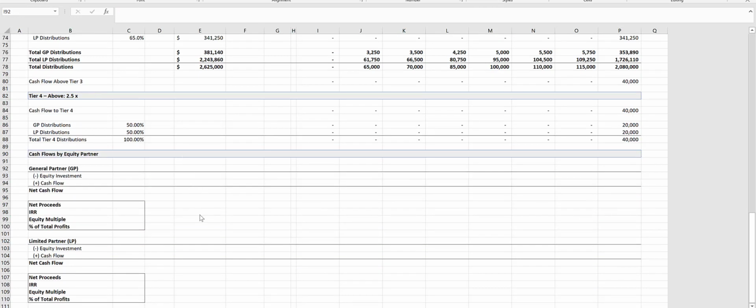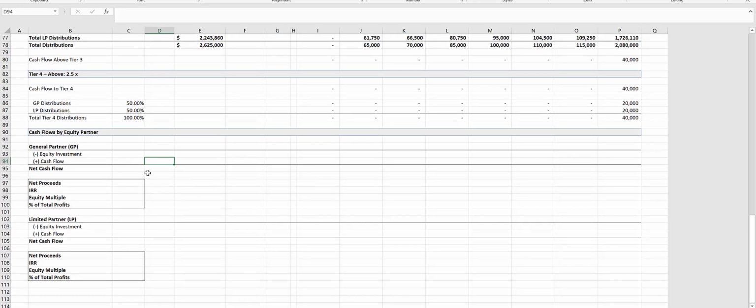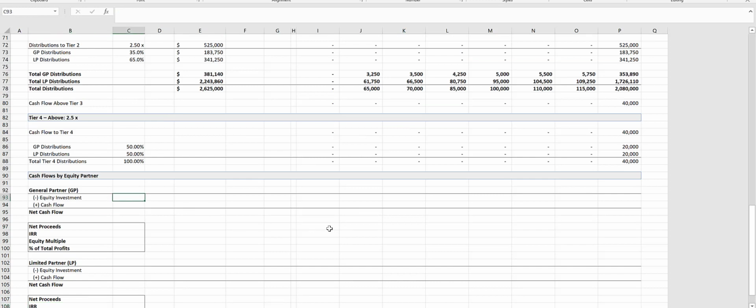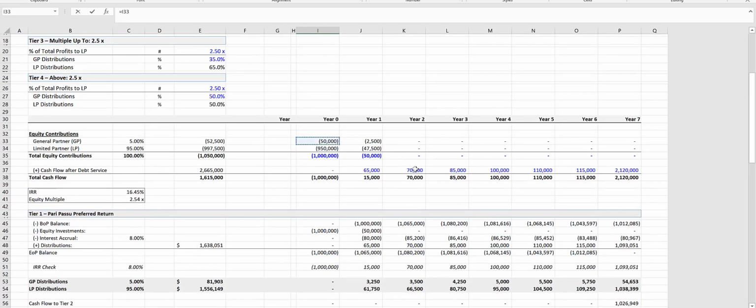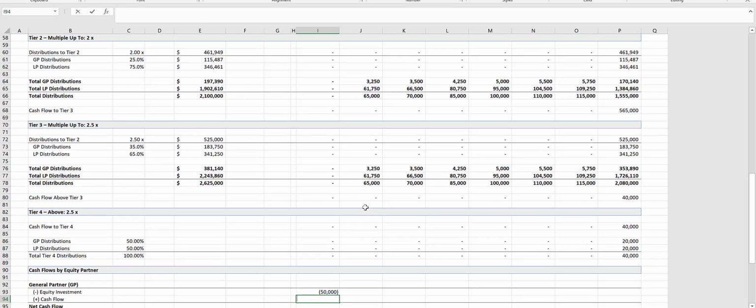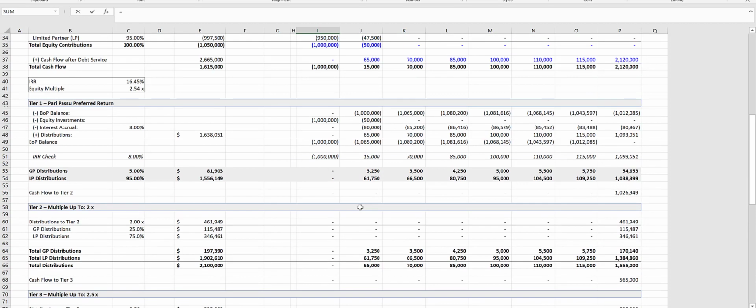Okay, so now in the cash flows by equity partner section, all we're doing is summing everything up for each partner that's been distributed, and we're going to calculate returns for each partner, and then we'll just check to make sure everything is correct in the model. So for the general partner, the equity investment, we have this up top. This is the $50,000 and the $2,500. And then the cash flows will be summed up from each tier.